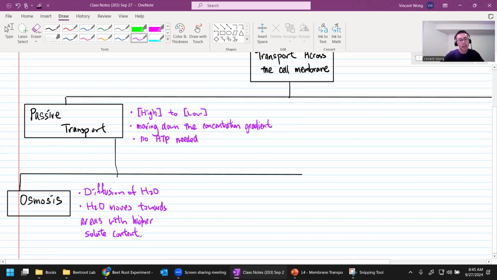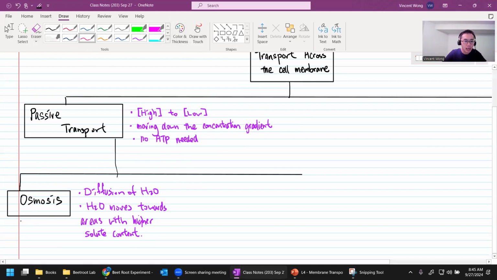So we are talking about the movement of water here, not the solute. Some people say, hey, I thought passive transport is like high to low. How come it's moving towards the higher solute concentration? We're not talking about the solute here. We're talking about the water. Water moves towards an area of higher solute content.